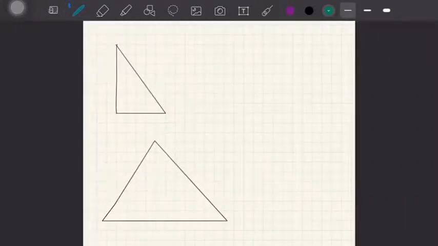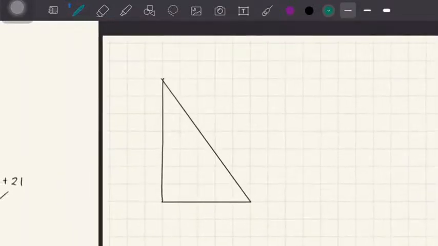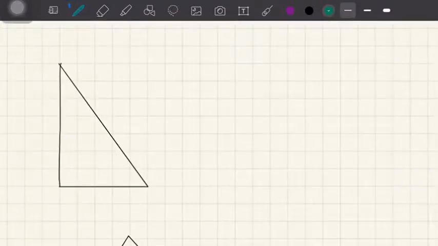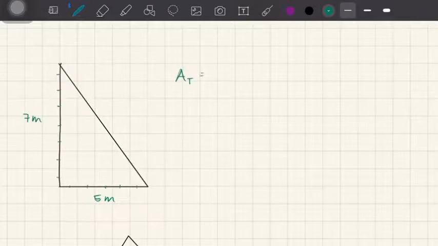What about this? Say for example, we have this shape and you have here each box, let's say, is 1 meter or 1 unit. 1, 2, 3, 4, 5, 6, 7. That's 7 meter height, and 1, 2, 3, 4, 5. That's 5 meter base. Area of a triangle is equal to base times height divided by 2.